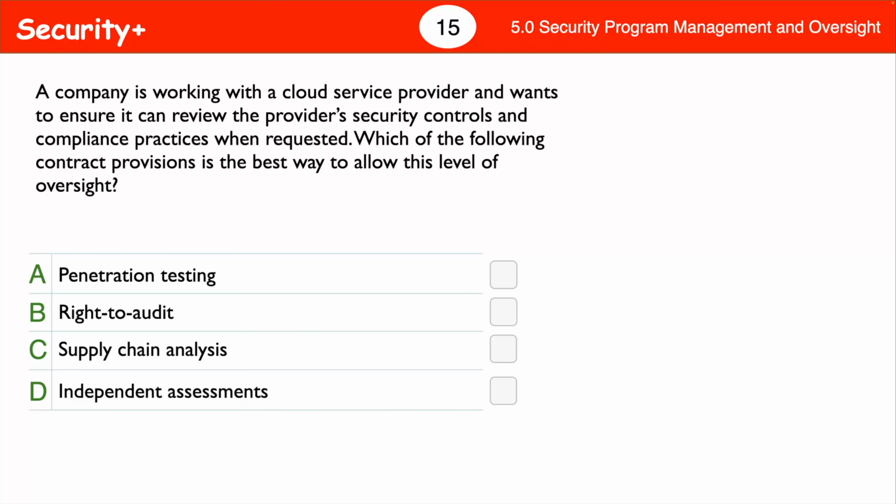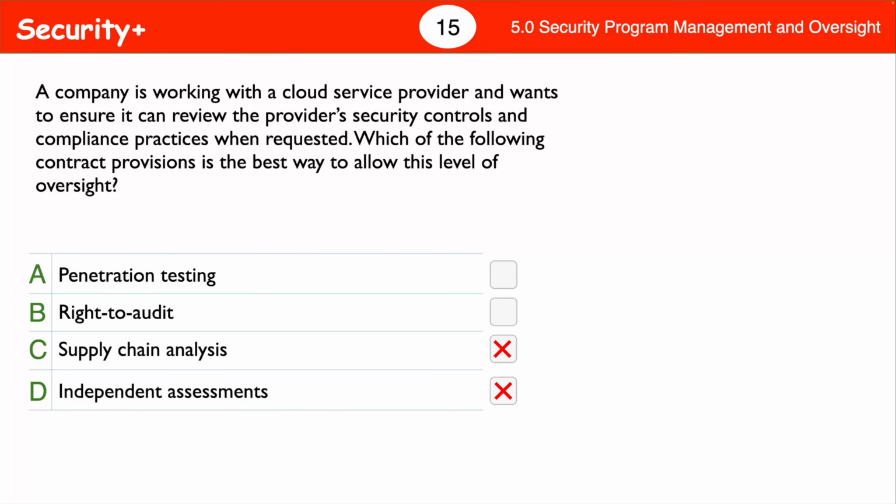And we can start by eliminating C, supply chain analysis. This is where risks to third-party suppliers are evaluated, but it does not grant direct access. Next, we can eliminate D, independent assessments. Independent assessments involve third-party security reviews, but the company would not have direct control over how the assessments are conducted.